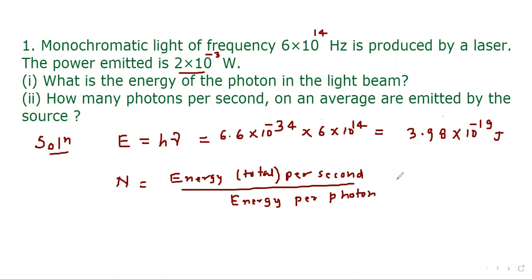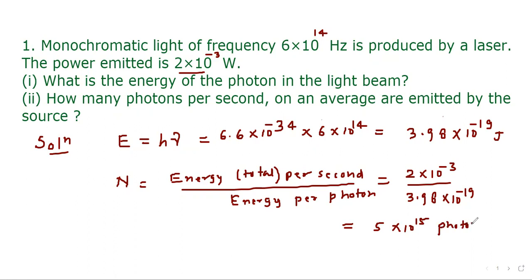So in our question, energy per second is power, that is given 2 × 10^-3 watt, and energy per photon we have got as 3.98 × 10^-19. So if we simplify, we will get 5 × 10^15 photons per second.